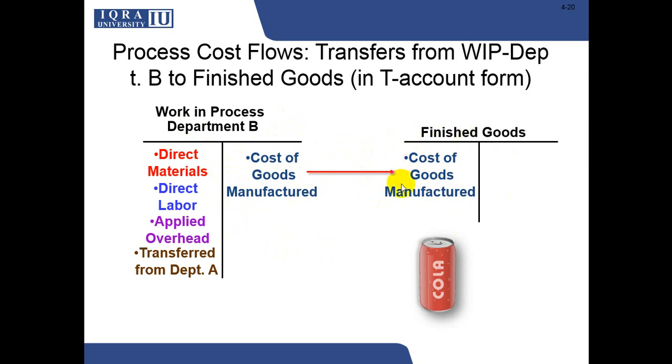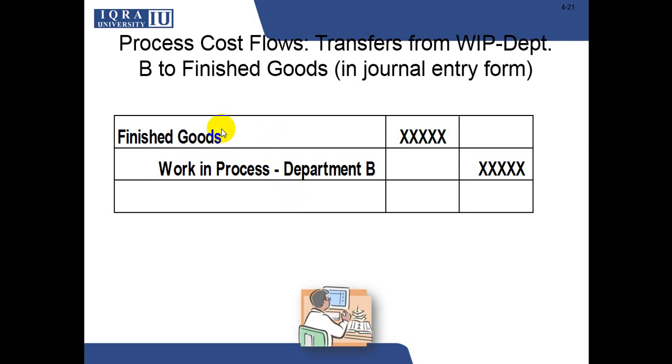So what will be the entry of transfer of goods from department B to finished goods? That becomes finished goods debit and WIP credit, right? So see here, finished goods debit and WIP credit.